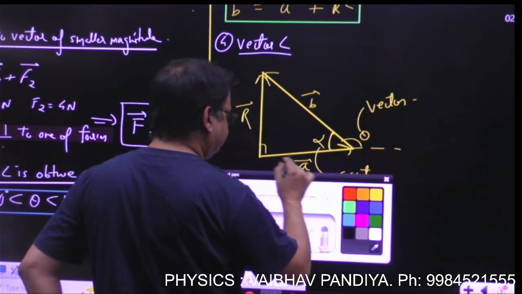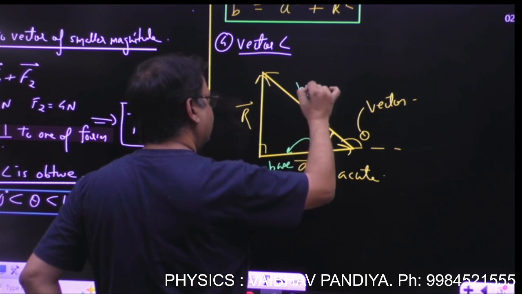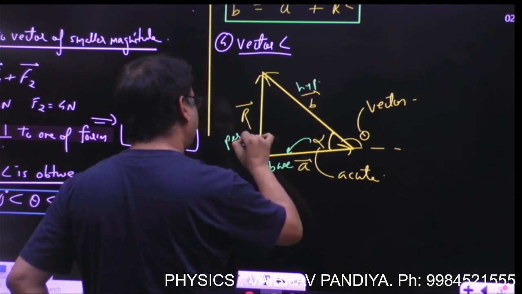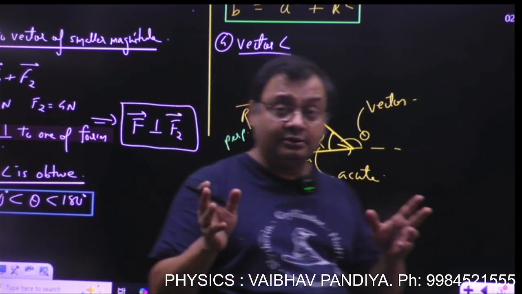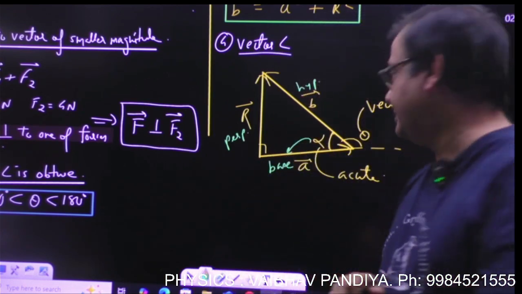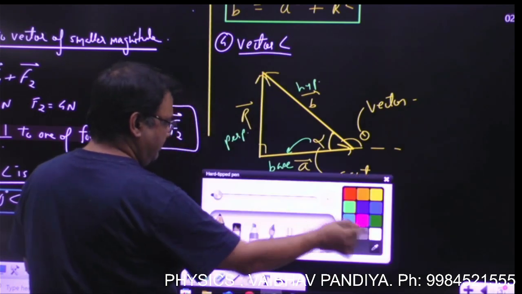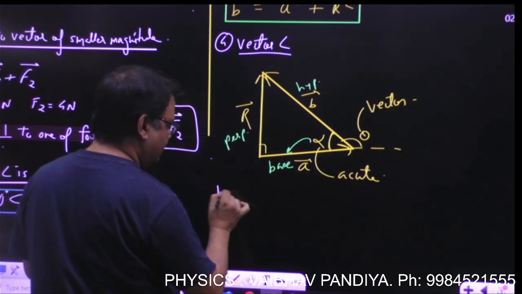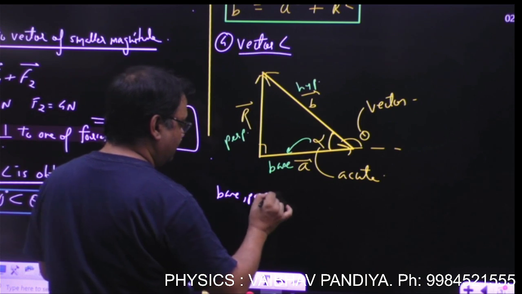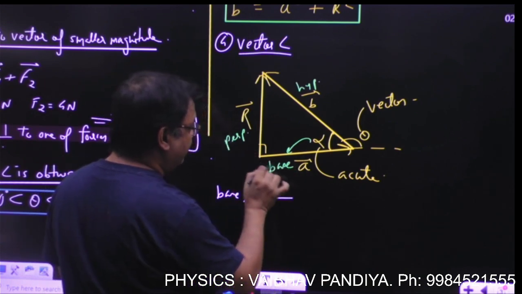For this alpha, this is the base, this is the hypotenuse, and this is the perpendicular. Now you will find what information is given in the problem, among which pair the relation is given. If the relation is given between base and perpendicular, apply the trigonometric ratio which relates them.